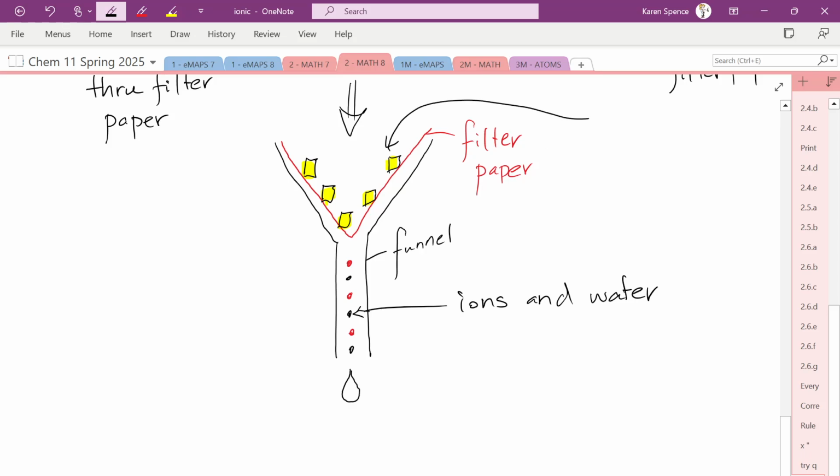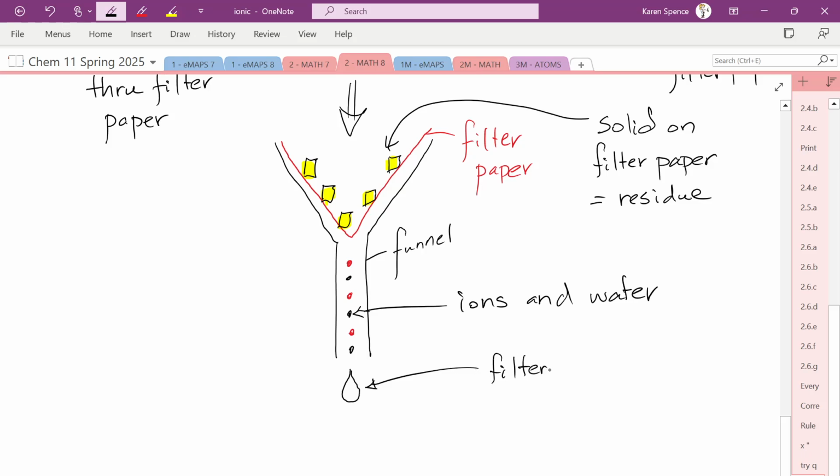That is our residue, yes. The filtered solution, what's that called?